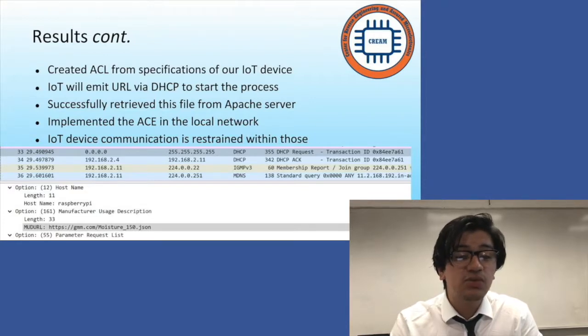Then on the second line, our switch gives it an IP address of 2.11. At the very bottom, we investigated the packets our IoT was sending, and it clearly shows the URL. This proves that the switch can now distribute IP addresses and retrieve the URL from the MUD manager to work properly.